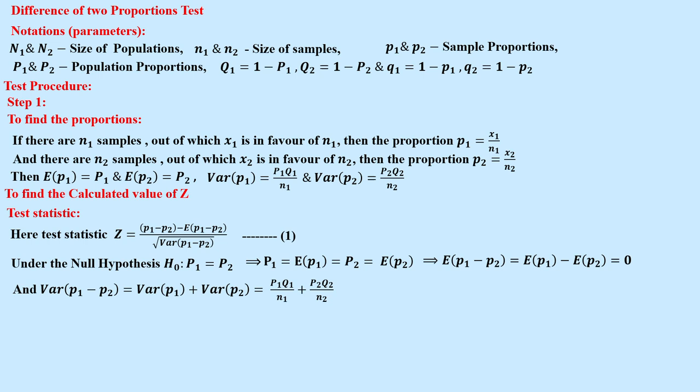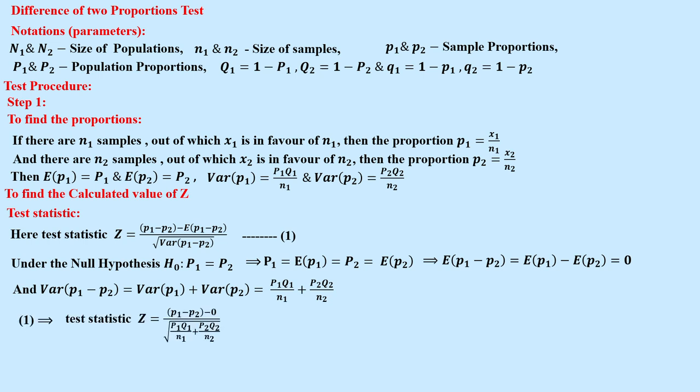We know variance of ax plus or minus by is equal to a square variance of x plus b square variance of y. We are using that formula because x and y are independent, right? So we know P1 Q1 by n1 plus P2 Q2 by n2.